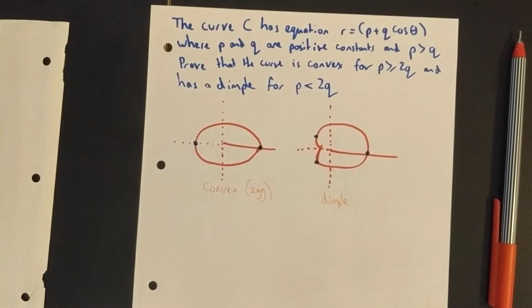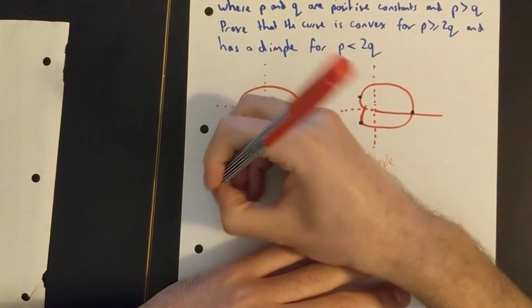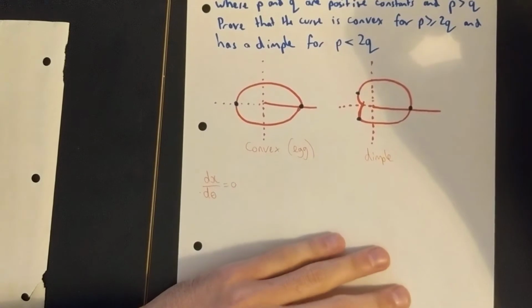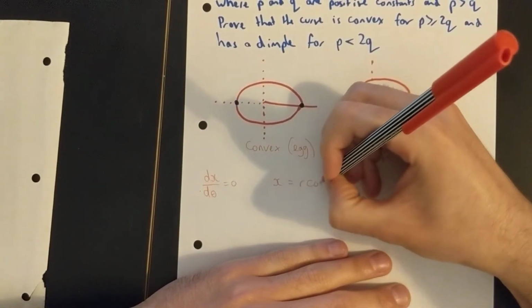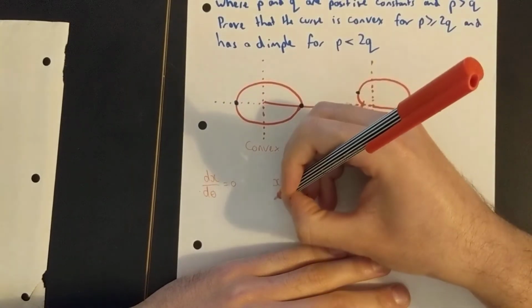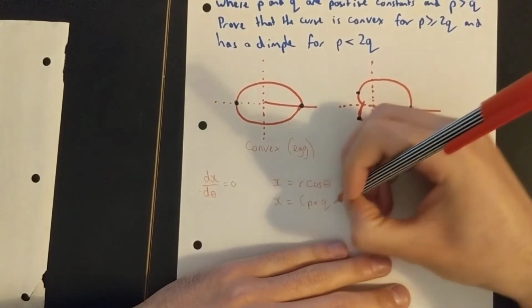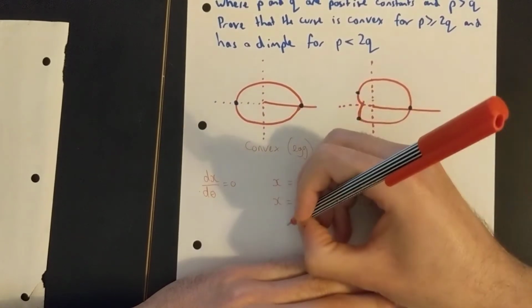So here, because we're looking at the vertical one, we're looking at having dx by d theta equal to 0. So that means we're going to look at x equal to r cos theta, and x is going to be equal to p plus q cos theta times cos theta.